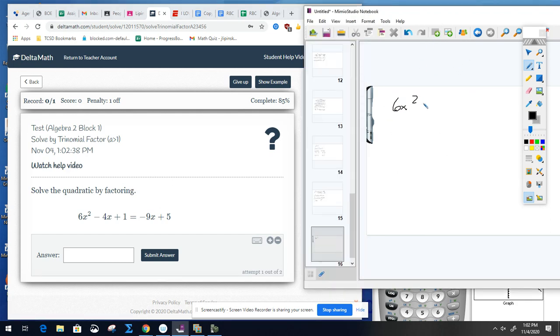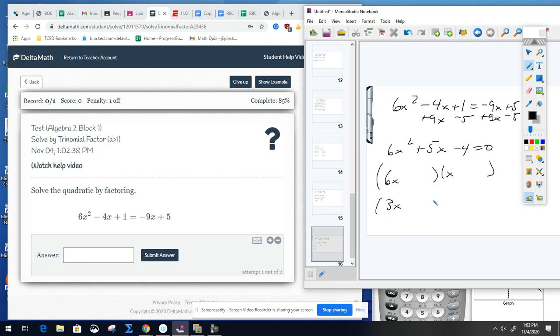6x squared minus 4x plus 1 is equal to negative 9x plus 5. Set it equal to 0. So I've got 6x squared plus 5x minus 4 equals 0. So here, I've got a decision when I do my guess and check. I can have a 6x and an x, or I can have a 3x and a 2x.